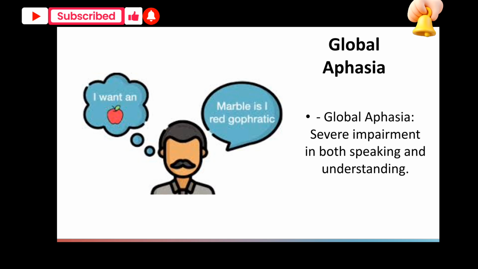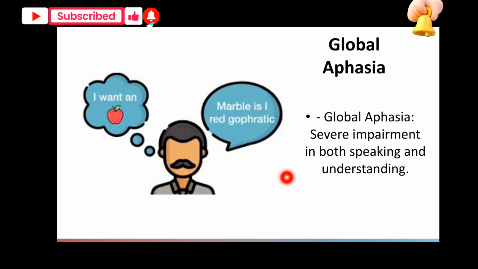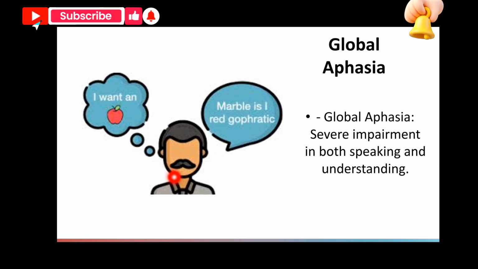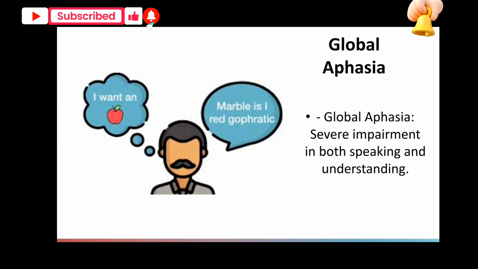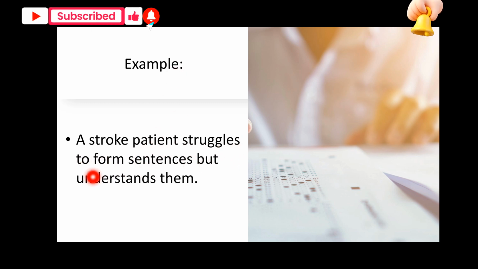When you have problems with both, speaking and understanding, you want an apple, you can't say it, and you can't comprehend if somebody says something to you. So global aphasia consists of both these issues, Broca's and Wernicke's. For example, a stroke patient struggles to form sentences and to understand them.